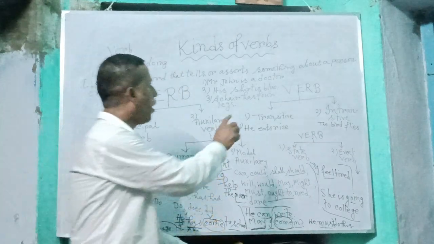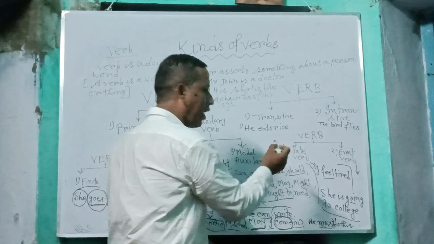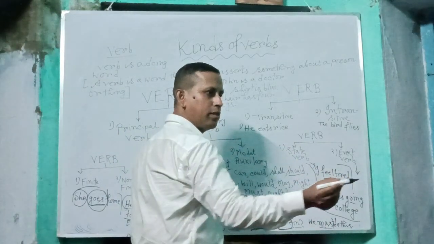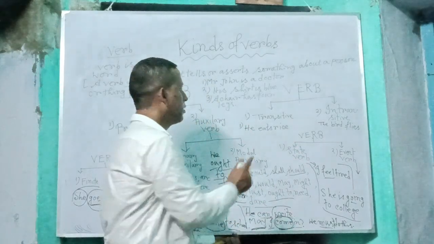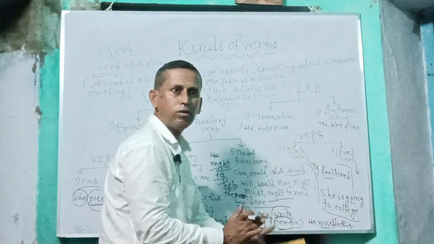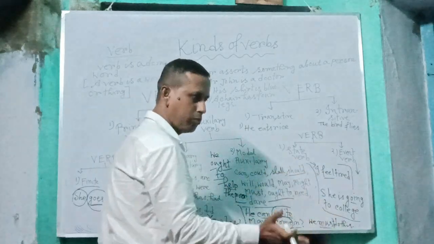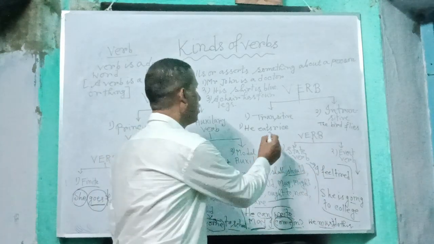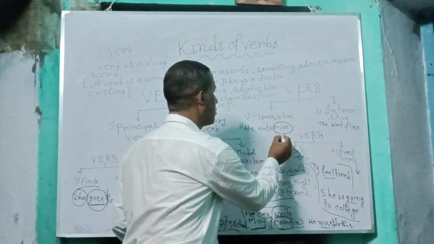When the verb has an object. Can you tell me, Sijali, what is the object here? Right. Very good. Clap, Sijali. Big clap. Here the rice is the object.